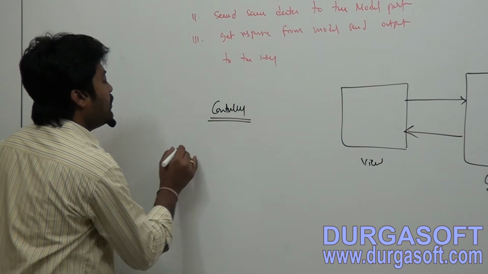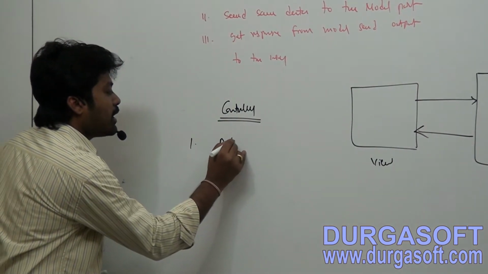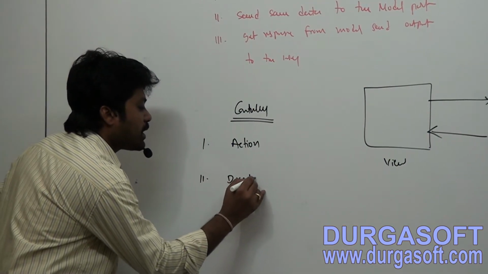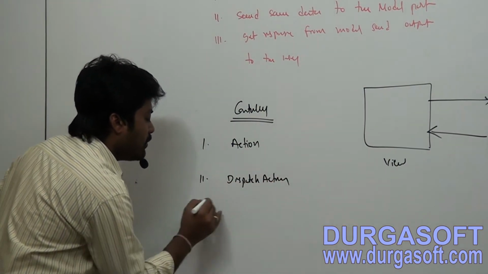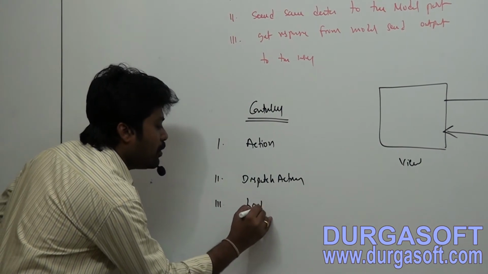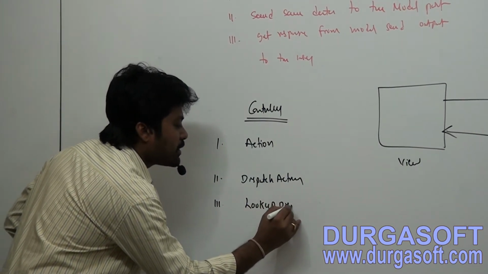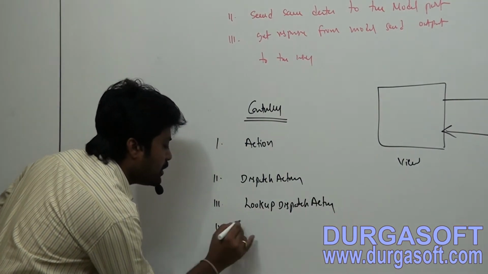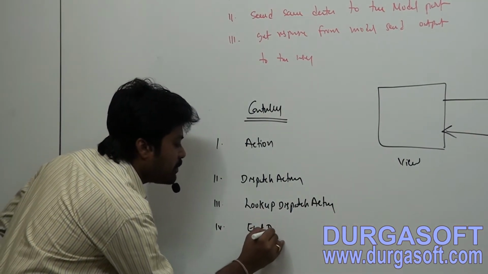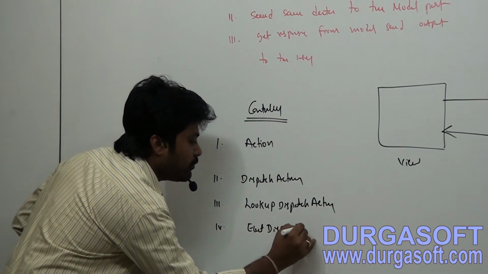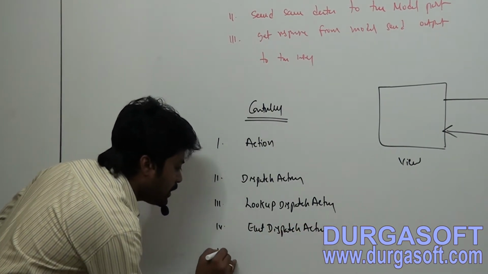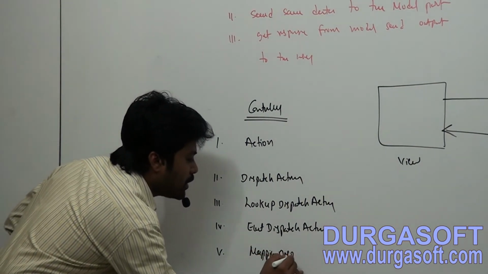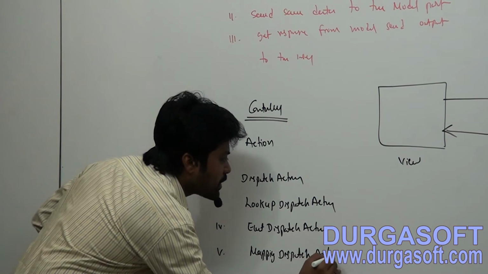One is the Action class, one is the DispatchAction class, one is the LookupDispatchAction class, one is the EventDispatchAction class, and finally the MappingDispatchAction class. To handle controller operations, we have these many action classes.